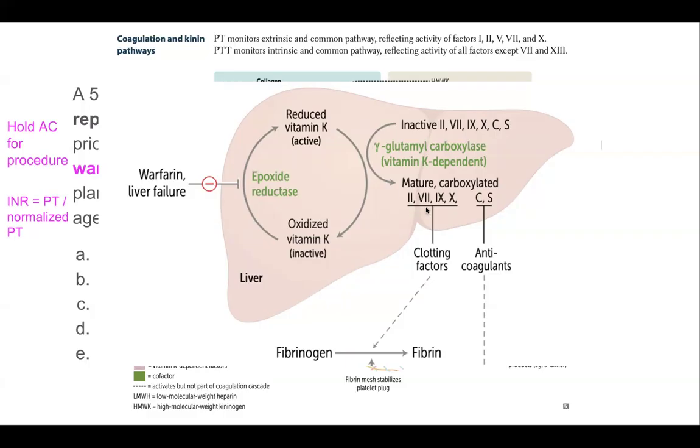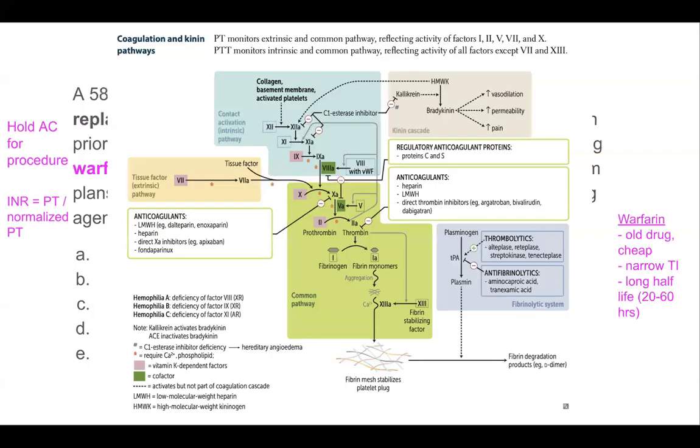So in particular, 2, 7, 9, and 10, which I would memorize those numbers because they will always come up. So as you can imagine, 2, 7, 9, and 10 are a lot of the factors that we're hitting. So warfarin is acting to inhibit a whole bunch of places of the clotting cascade. And you're monitoring INR, which is a measure of the extrinsic pathway because we're impacting factor 7.